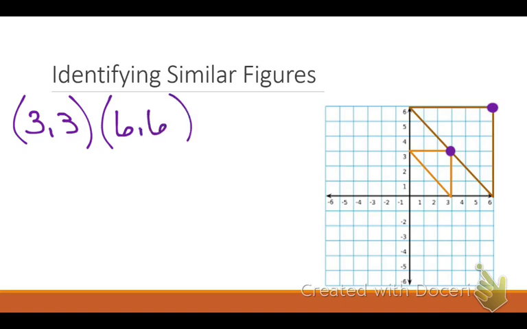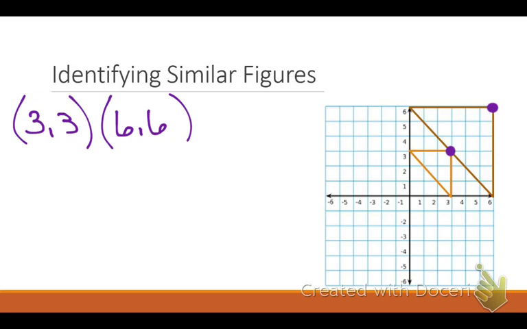Okay? Now, you need to be able to look at these ordered pairs and figure out if you see a pattern from the smaller x value to the larger x value, but it has to be the same pattern for the y values also. Now, in this one, it's a little deceiving because they're the exact same numbers, okay? But the y value has to be increased by the same scale factor, okay?